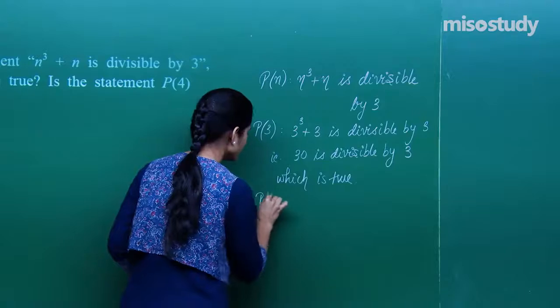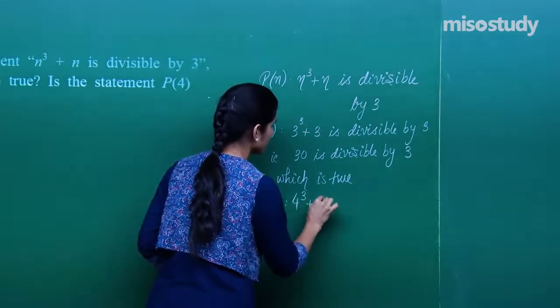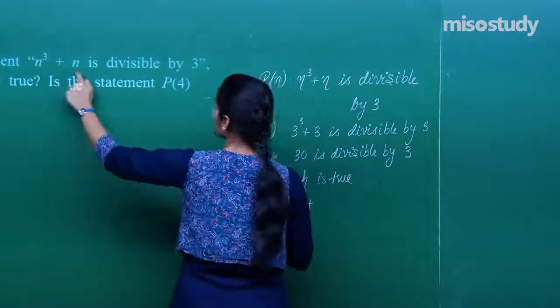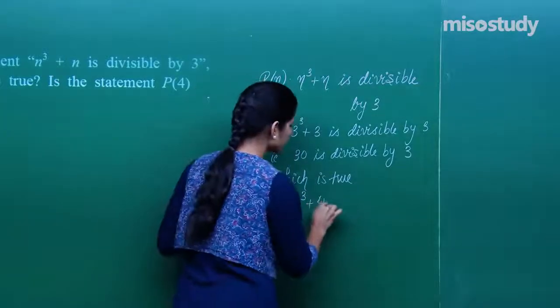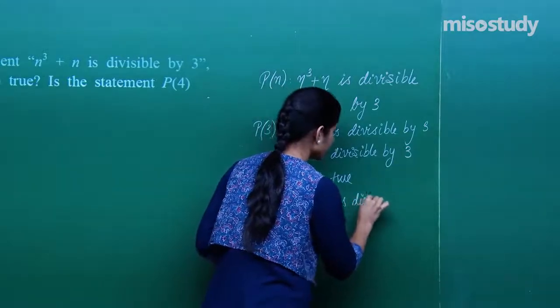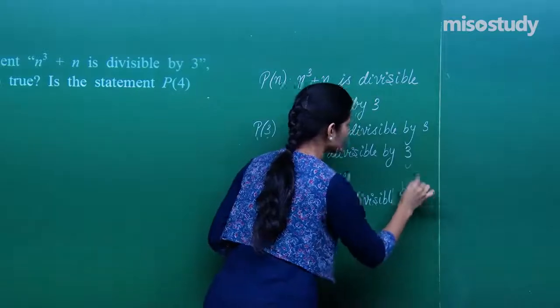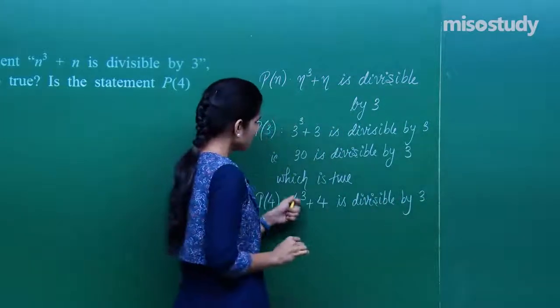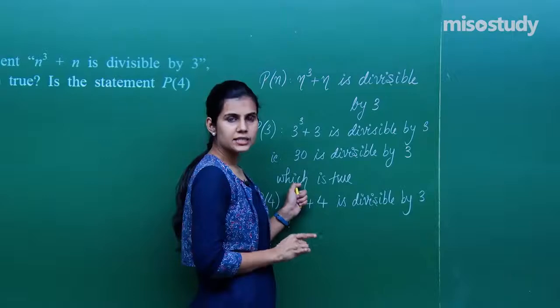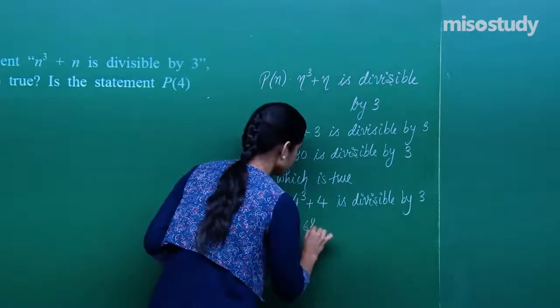If I talk about the truth value of P4 statement, which says that n cube plus n, so 4 cube plus 4 is divisible by 3. 4 cube is 4 into 4, 16, 16 into 4, 64, 64 plus 4 is 68.